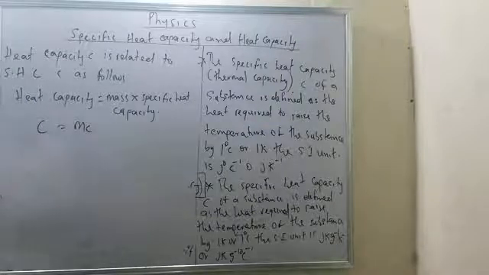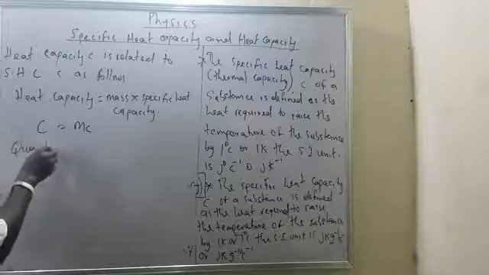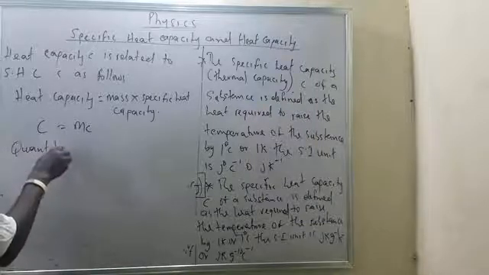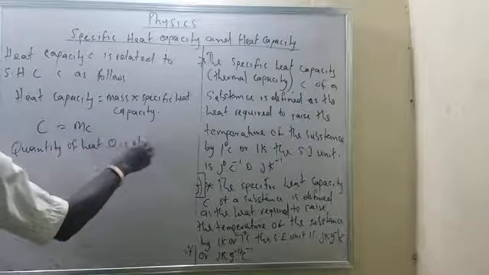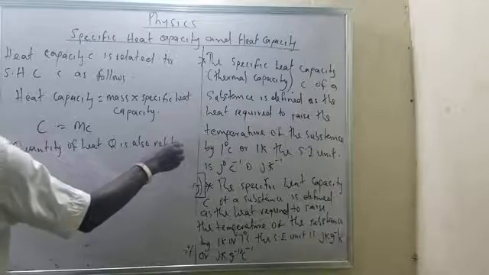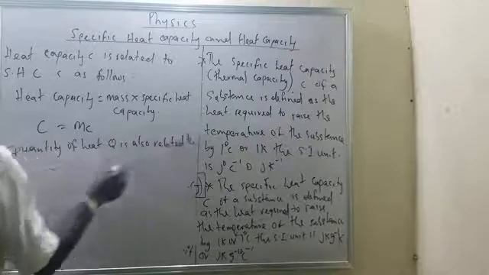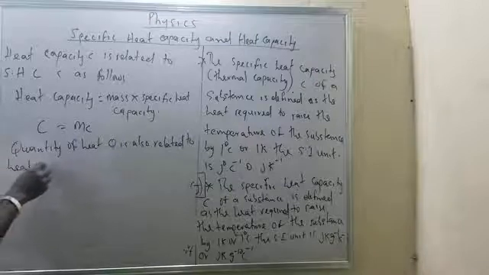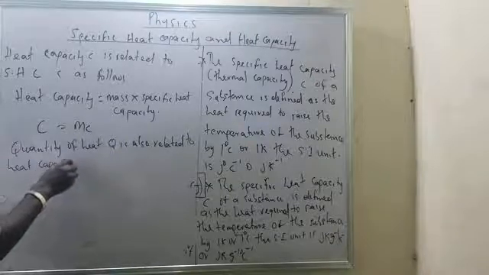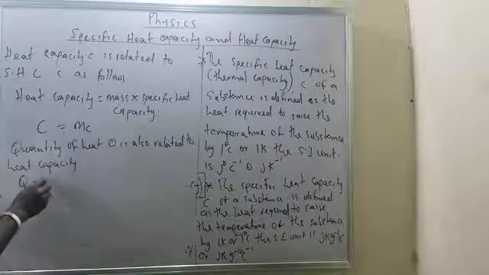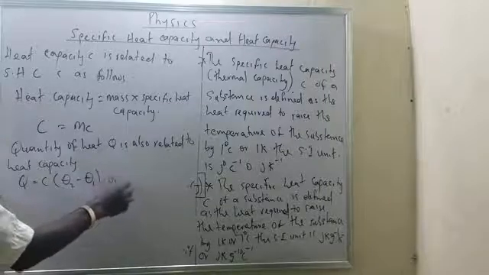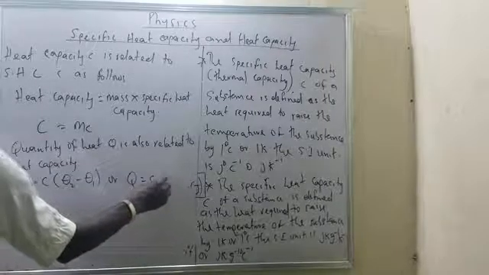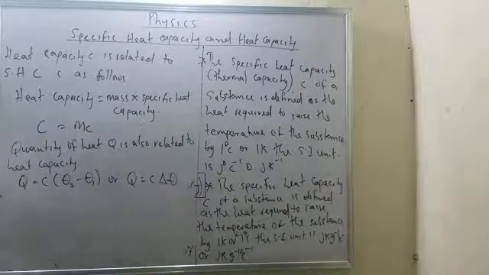Now, since I have it like that, I can say that my quantity of heat, which is Q, is also related to heat capacity, which is my Q equals C bracket of Q2 minus Q1, or Q equals C times the temperature change, which I've told you earlier.